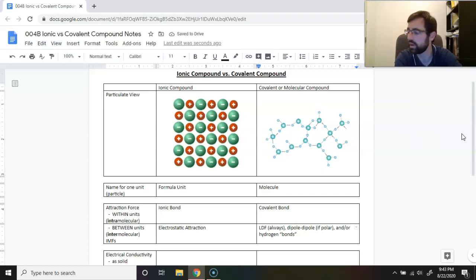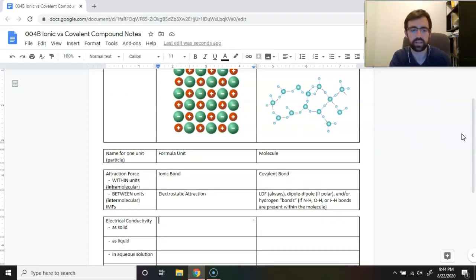If they're very polar bonds, specifically if we have an NH, OH, or FH bonds present within the molecule. So if we have any of those in the molecule, then we might have a hydrogen bond. So something like water or ammonia, like NH3, or anything that has an FH bond in it as well.